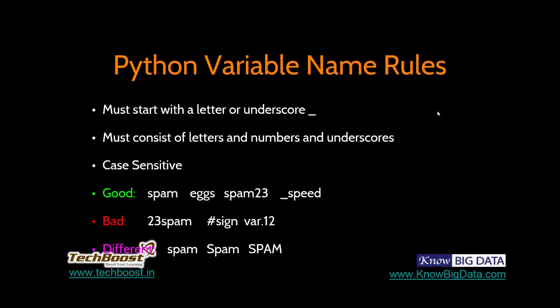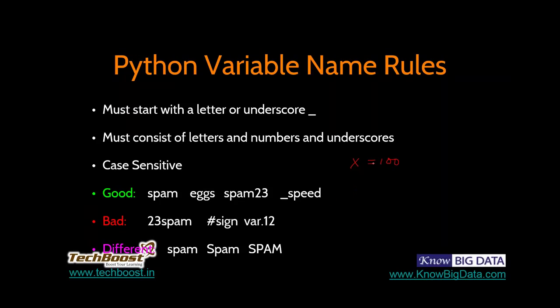As we were discussing, there are certain rules that need to be followed while giving your variables a name. We saw that we gave our variable the name x: x is equal to 100.